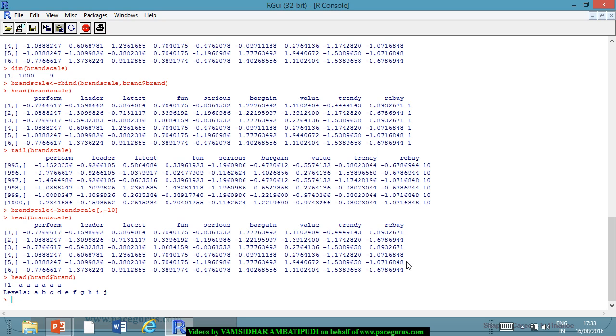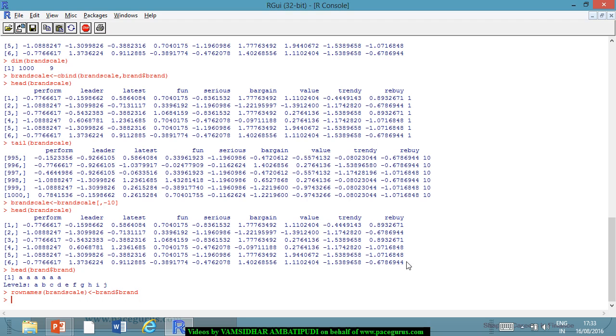So I can put the row names directly. That should be better. Row names of this brand scale. Let me try this. Row names of brand scale, let me set it as brand$brand. If I set it like this, how am I going to get it?